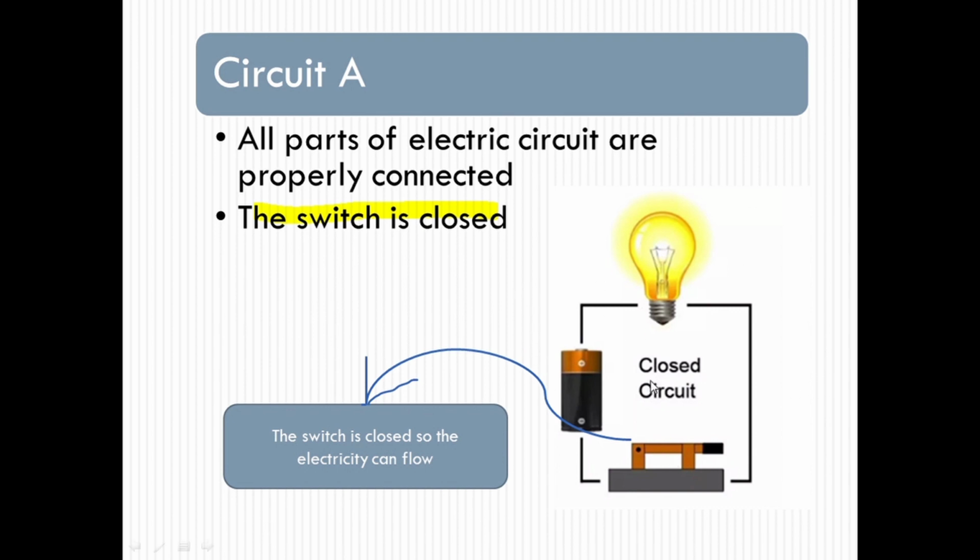Because this switch is closed, electricity can flow. If the electricity can flow, it can transfer the electricity to the bulb, and the result is that the bulb produces light, or the bulb lights up. That's the point. Remember, circuit A has a switch and the switch is closed. Because of that, the lamp can light up.